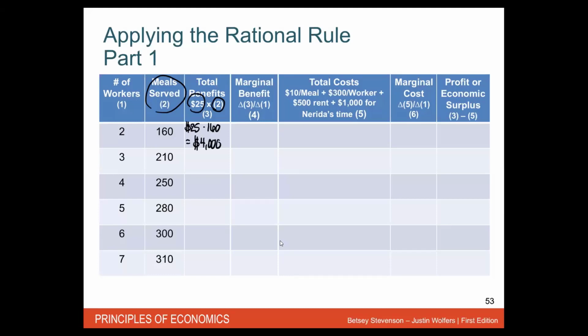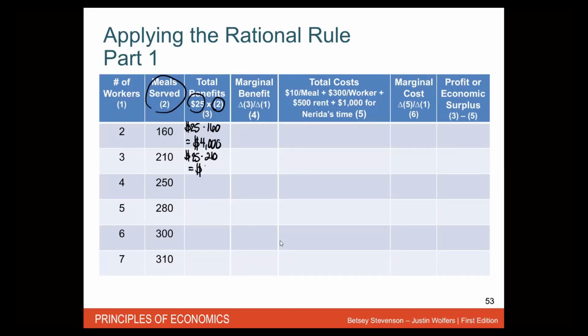Now, for the third worker, we multiply 25 again with the number of meals served, which is 210. So, the total benefits is 5,250. Now, when we do the same for 4 workers, again we multiply 25 with 250 meals.